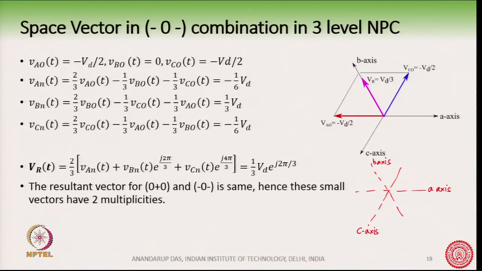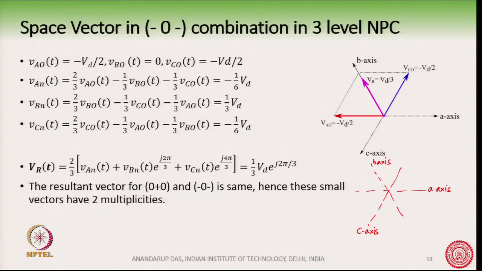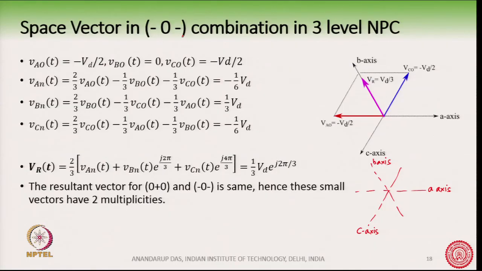So, I can quickly find out the resultant space vector by vectorial addition on a diagram, without going into the detailed mathematics. Say for example, you have minus 0 minus. Which means that on the A axis you have a vector which is minus this way, and on the B axis you have 0, nothing, and on the C axis you have another minus like this.